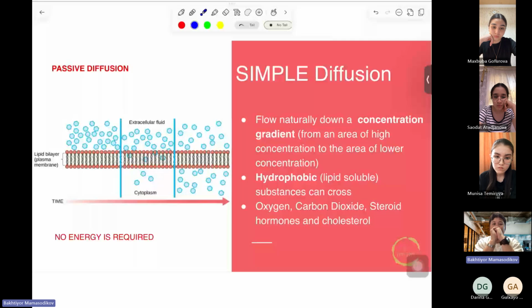Munisa, what do you think? I think fresh. Have you ever prepared it, Munisa? In fresh, because there is more sugar, so the concentration of fresh will be more.